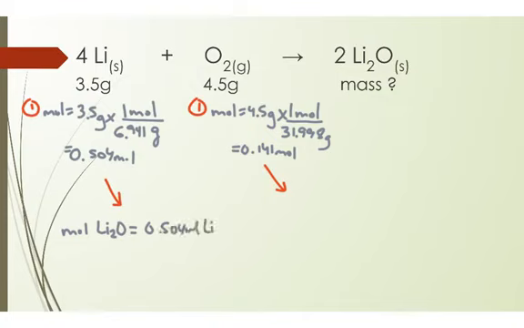The first ingredient I'm going to do is the lithium, and using my conversion factors, I've got 2 lithium oxides for every 4 lithiums. So that first one, we're going to have 0.252 moles. Let's call this step 2 so we can keep track of it a little better.